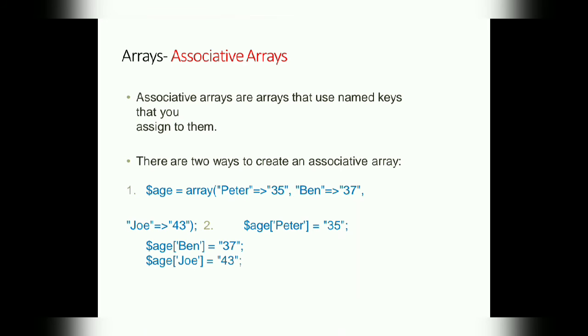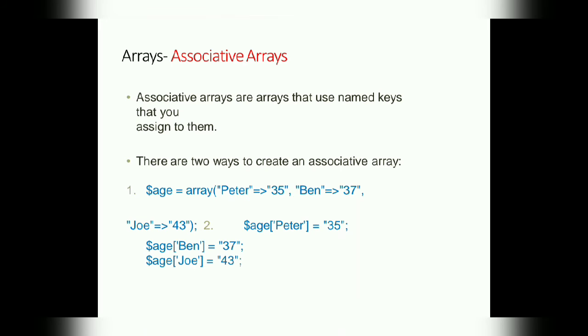Now the second part in arrays is associative arrays. In an associative array, the keys or indexes are in string format. The keys have some logical relationship with the values or array elements, and there are again two ways to create an associative array.